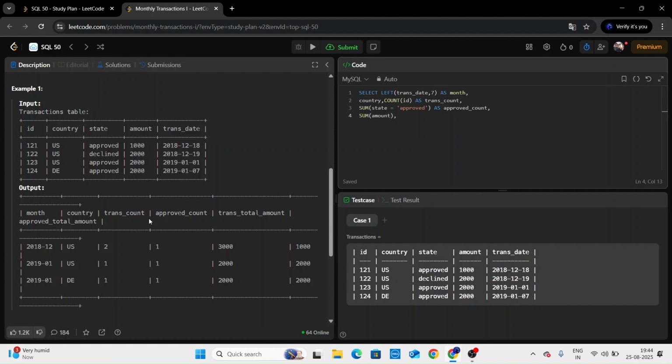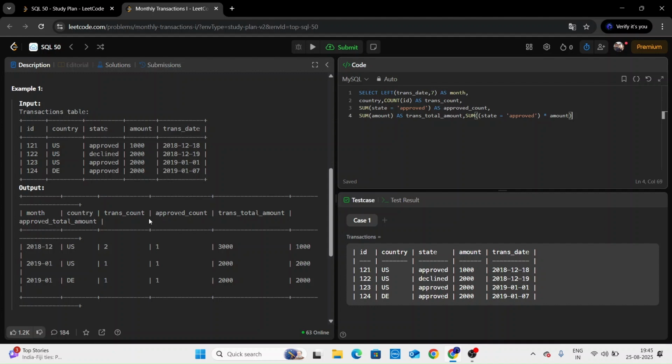Okay, we need to name it as trans total. Then we need to sum the state. We need to check state is equal to approved. Then what else do we need to check? Okay, we just need to multiply with the amount. If it is 1 we will get the amount, otherwise it will be 0.